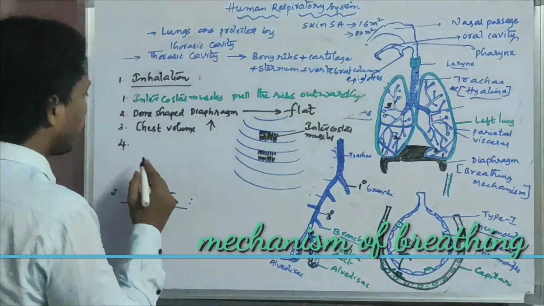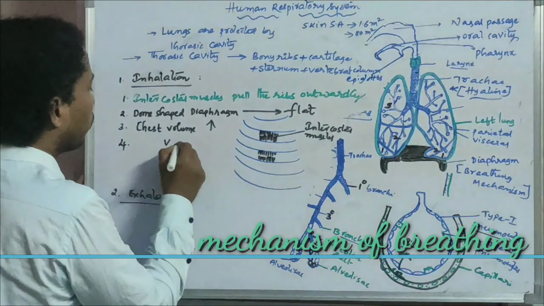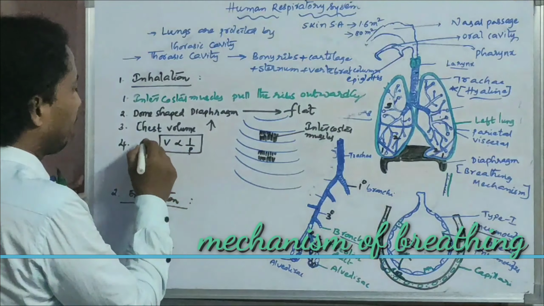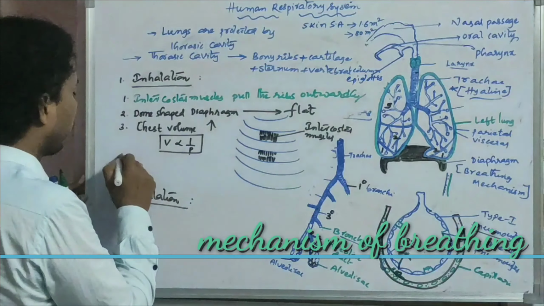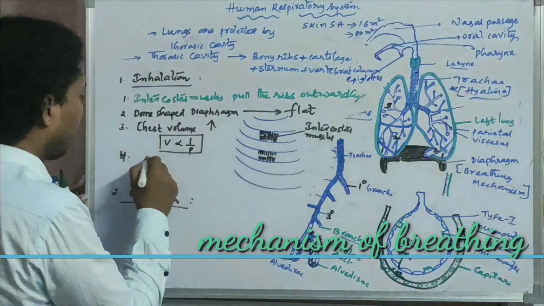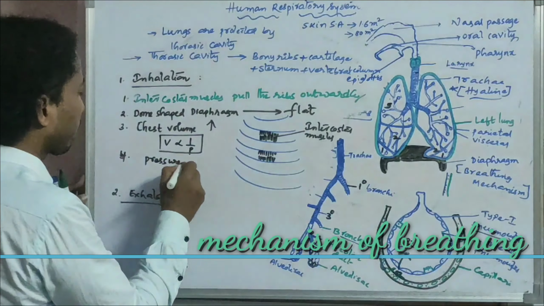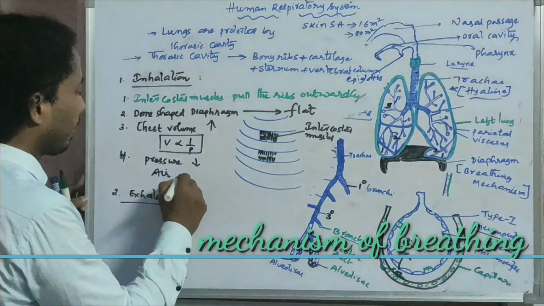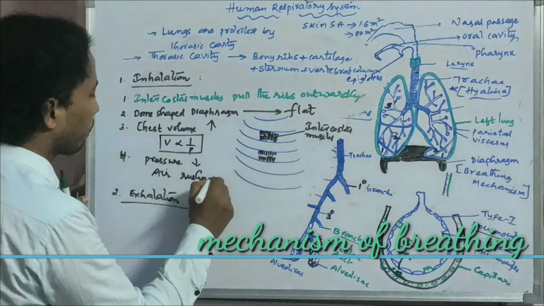Here, according to Boyle's law, volume is inversely proportional to pressure, so pressure decreases, and air from outside rushes into the lungs.